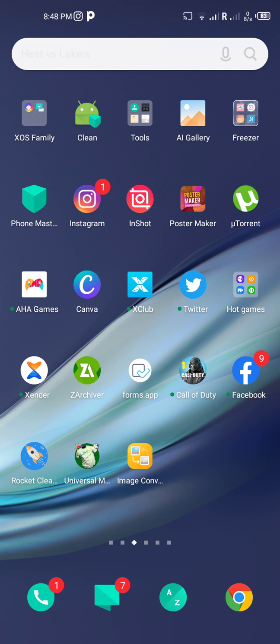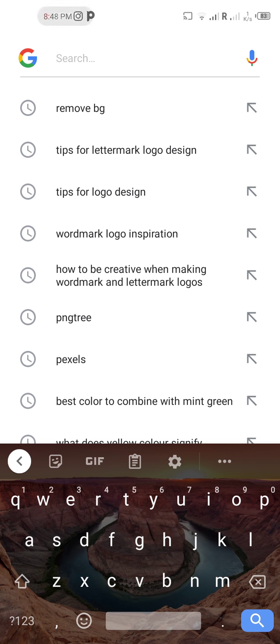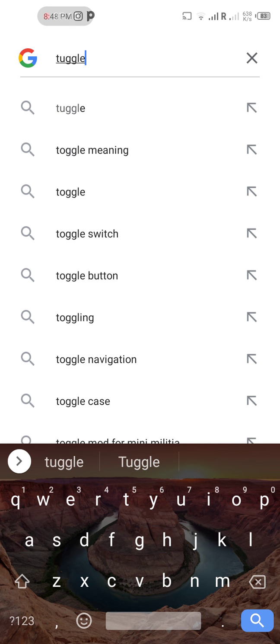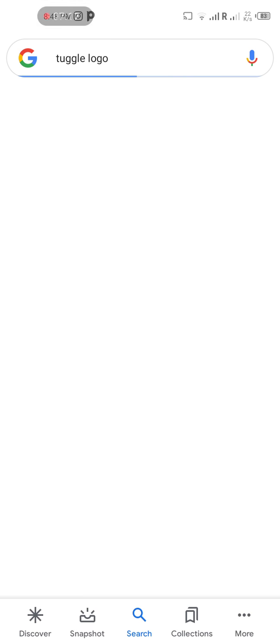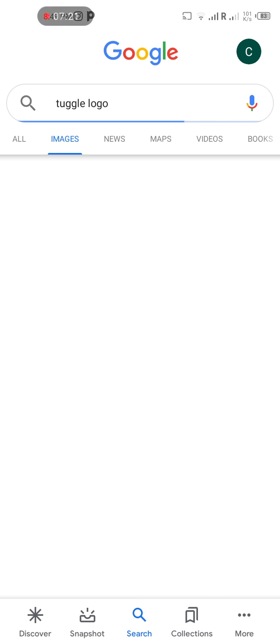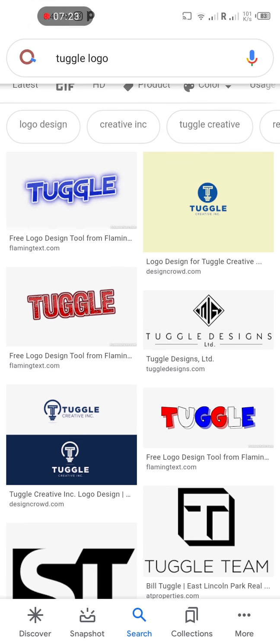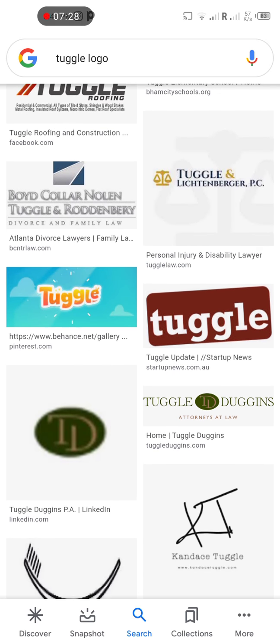So let me see if I can get a logo on that on Google, so you understand what I mean. Toggle logo. Let me see if I can see something on that. Let me see if I can see somebody that did something like that.